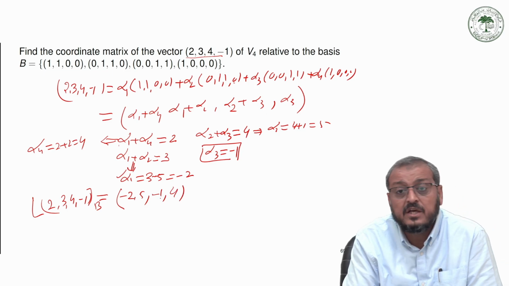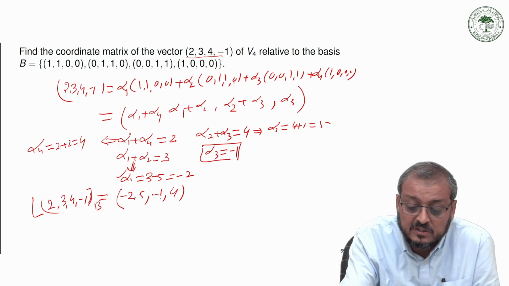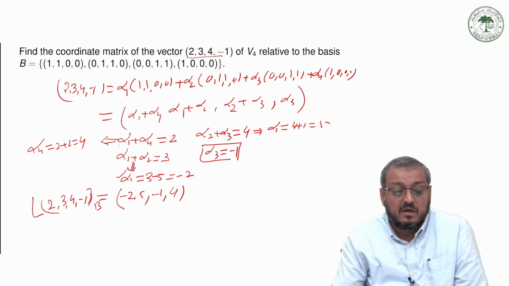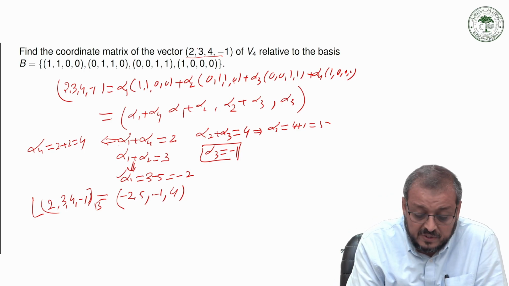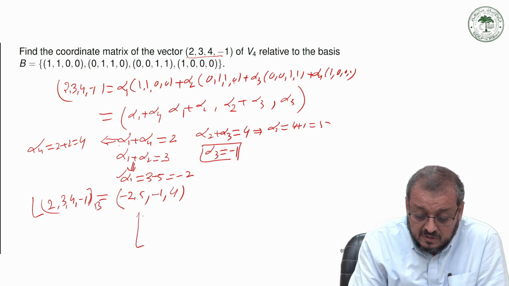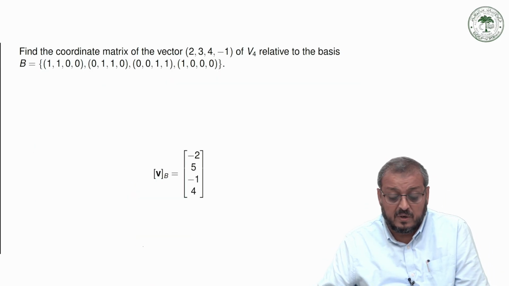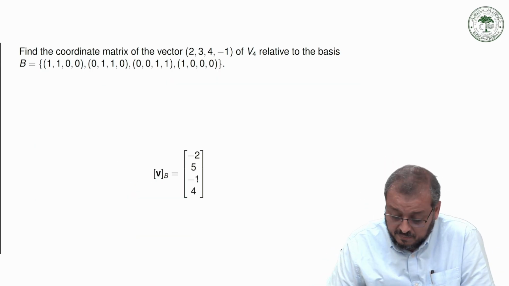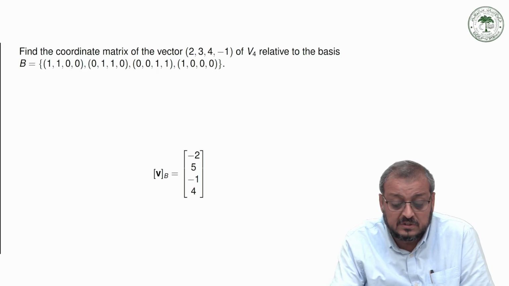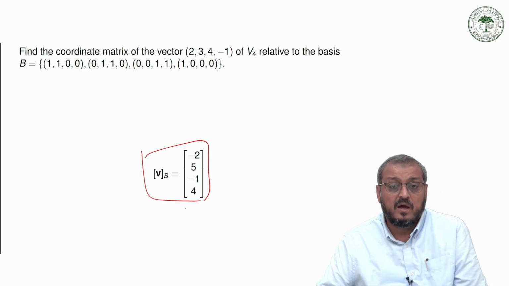Now this is not the same: in the previous case, for the standard basis, the vector remained giving the same values, but here this gives you different values. In the matrix notation we can say (-2, 5, -1, 4), and this corresponds to the vector, the coordinate vector we have calculated.